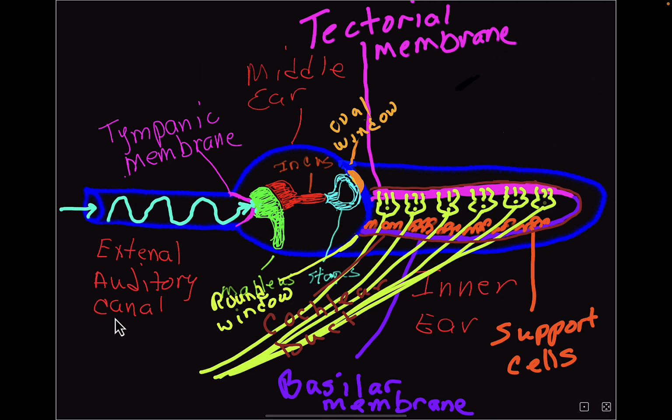Now, the stapes, because of the way that the malleus, the incus, and the stapes are set up, when the stapes starts to move, it starts to push on the oval window here, okay? So we've got this oval window, and the stapes is pushing on it.